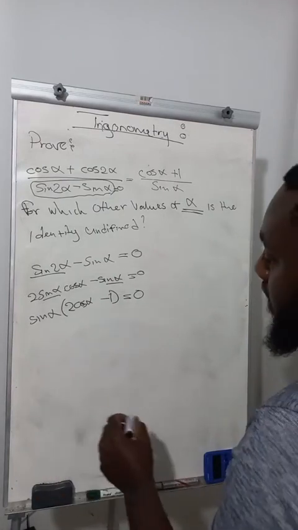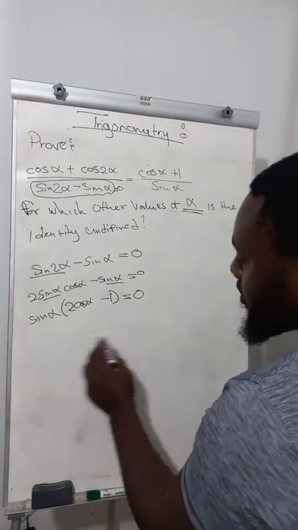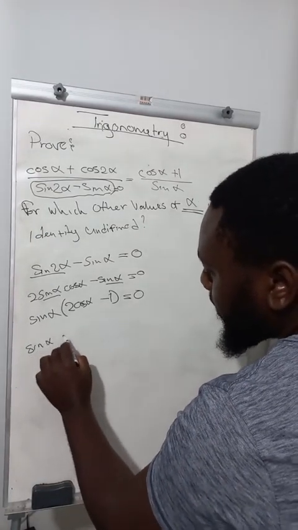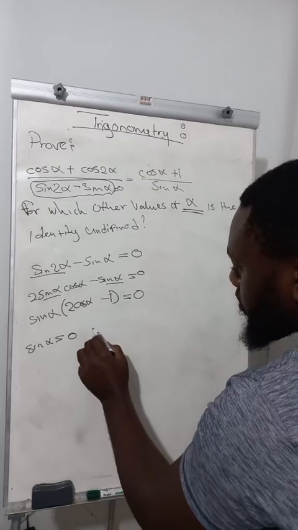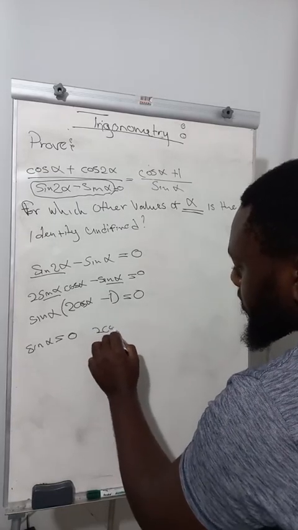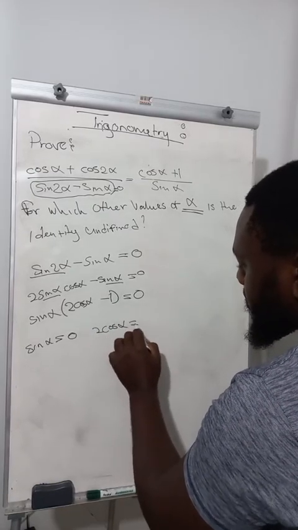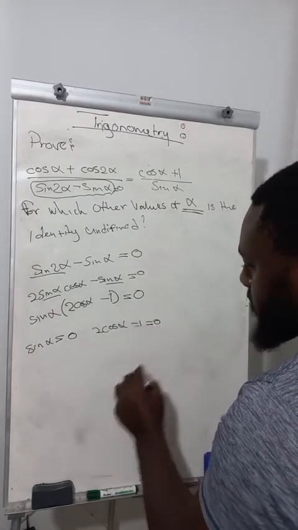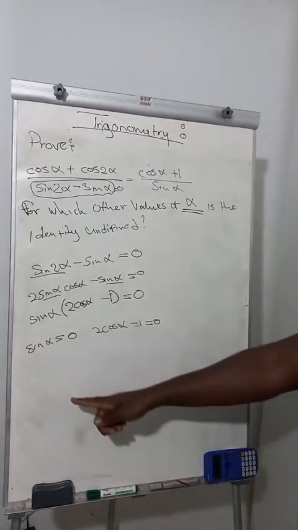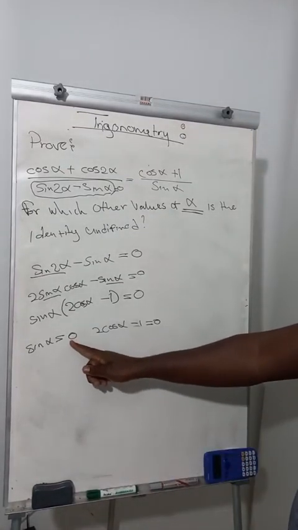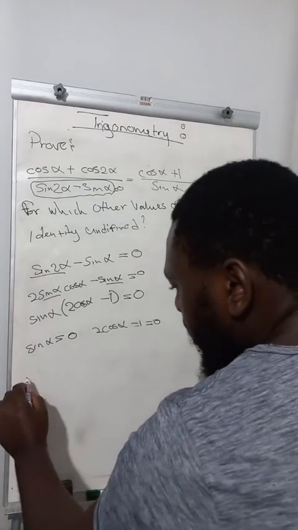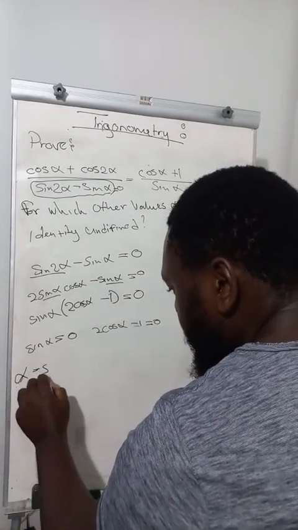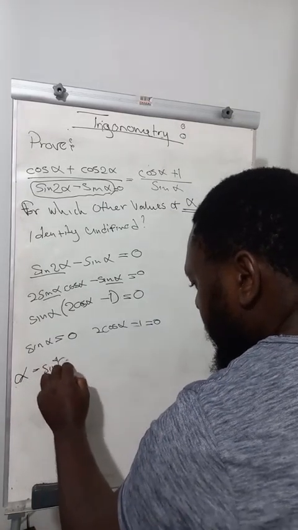After getting this, it just means you can say sine alpha is equal to 0, or 2 cos alpha minus 1 equals 0. So now, get the inverse function of this. It means you'll have alpha is equal to inverse sine of 0.